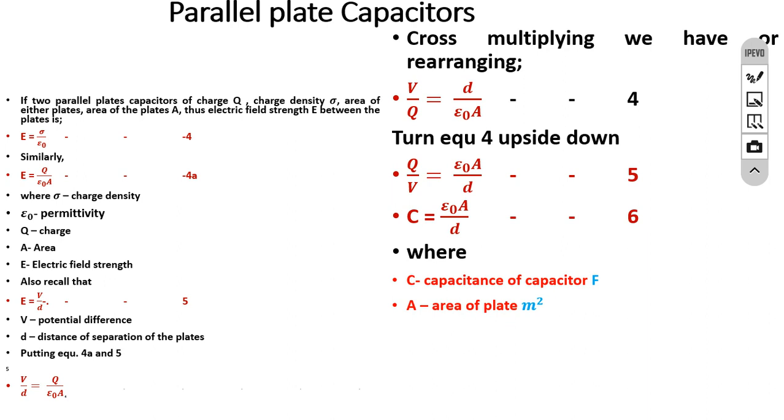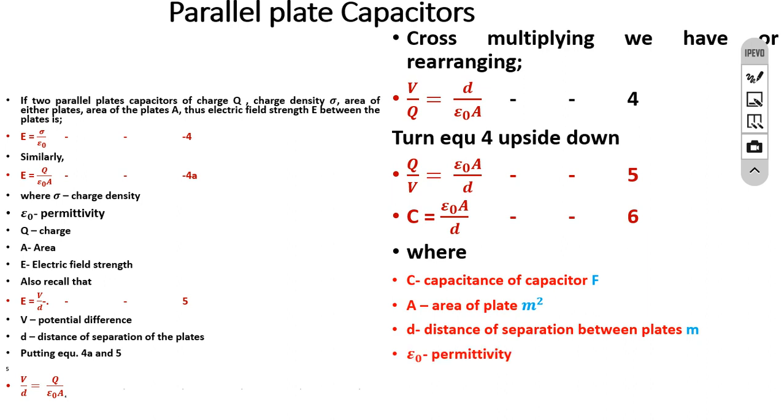Assuming it was in centimeter square, area centimeter square should be converted to meter square. So distance, D is the distance of separation, said that before, in meters. And of course, you also check if you are given an equation and the distance is in centimeter or even kilometer, or as the case may be, whatever unit, you have to convert it to meter.